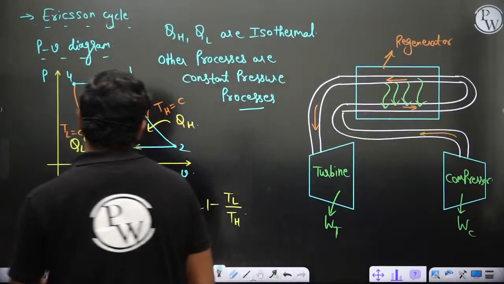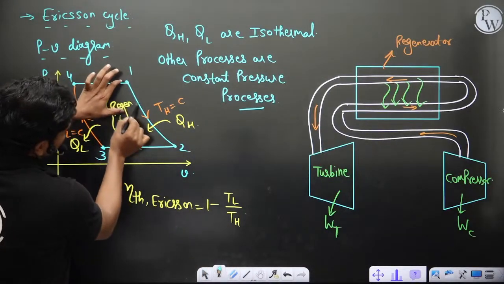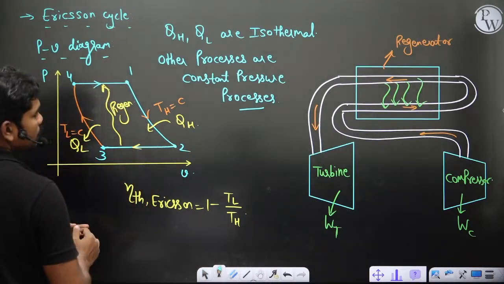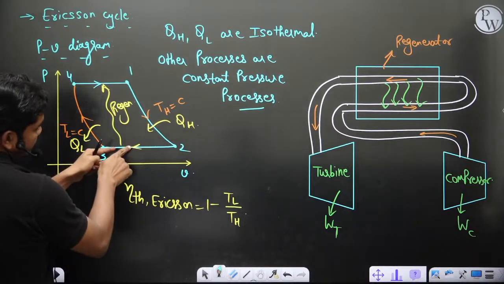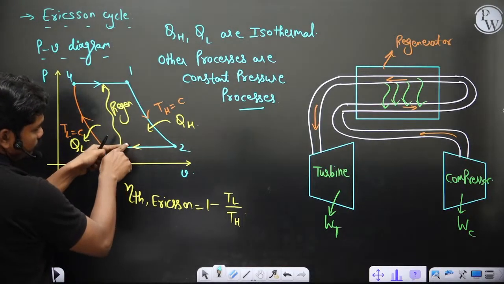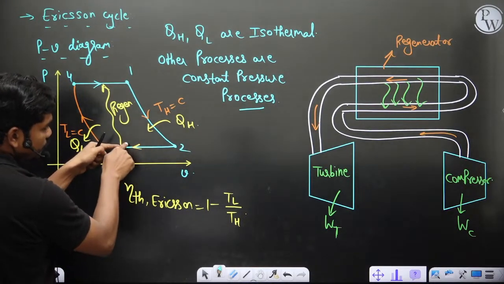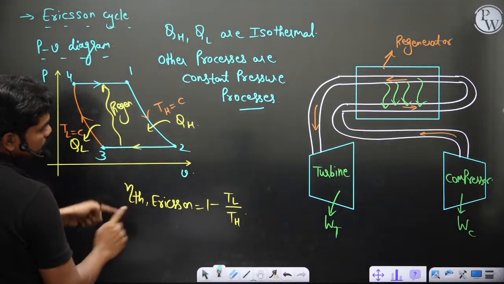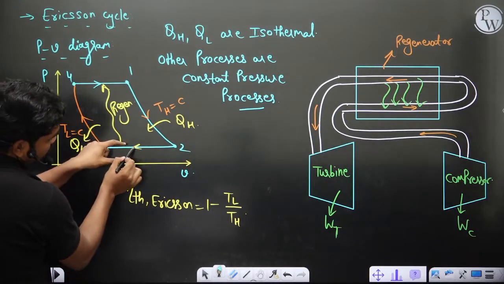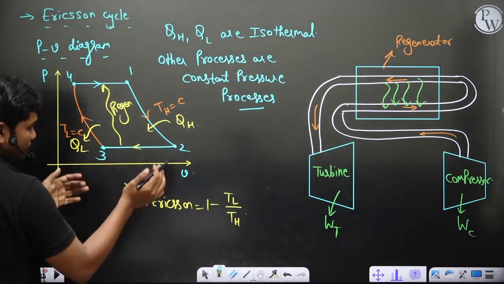Here also you can see in this cycle, because of isothermal heat addition, it comes to QH, okay. But at constant pressure, if heat is transferred from this substance to the regenerator, then definitely volume keeps decreasing, because temperature keeps falling.